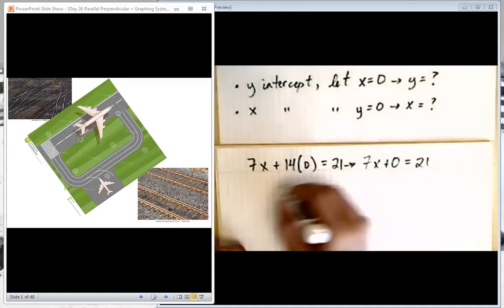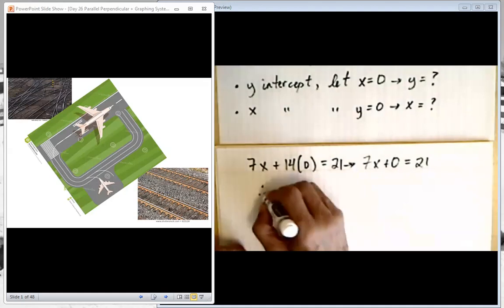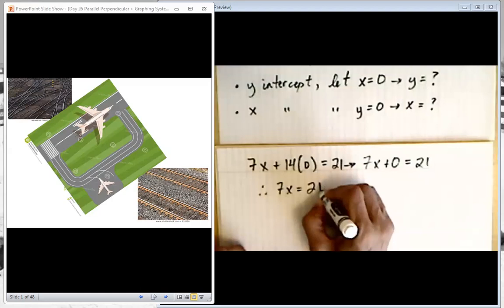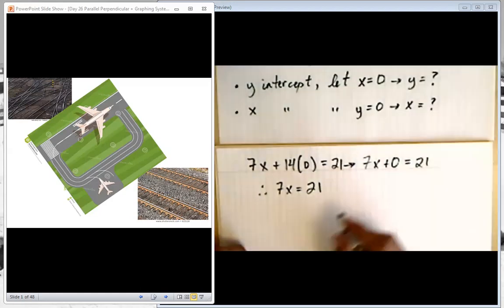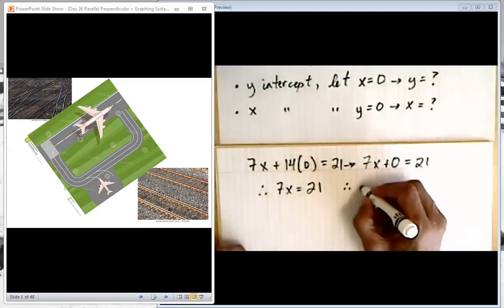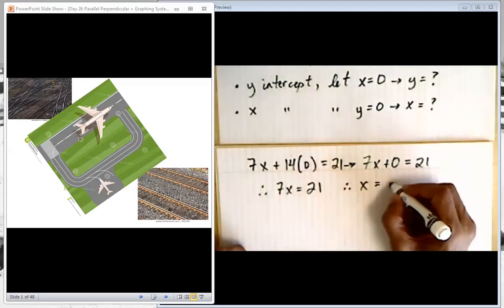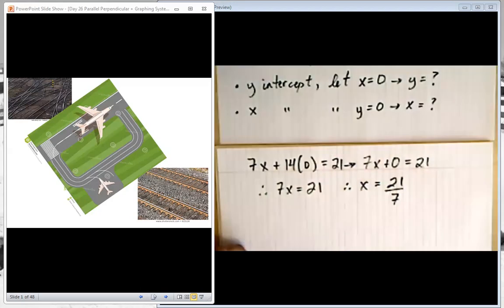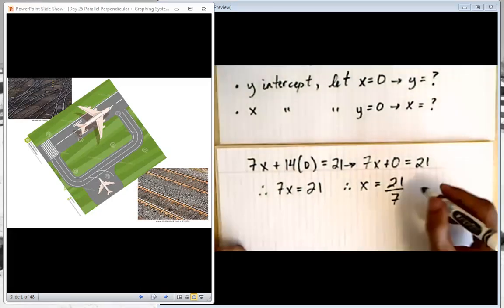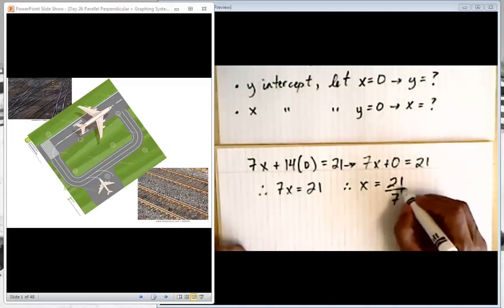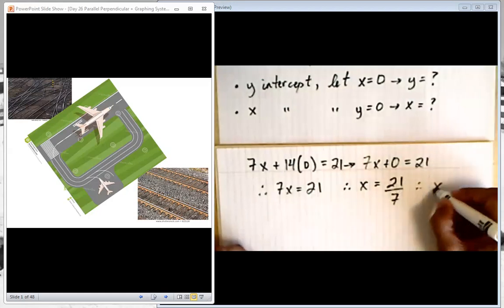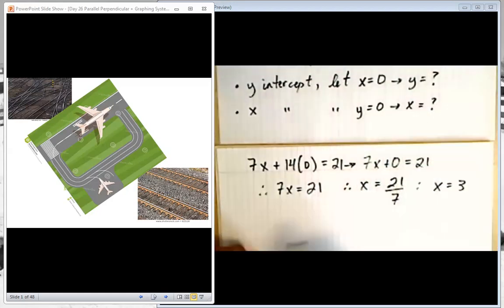So therefore we get 7x is 21. Divide by 7 is better, solving for x. You could split the 21 up like before, 3 times 7, but really no need. Just write down what you get. x is equal to 3.